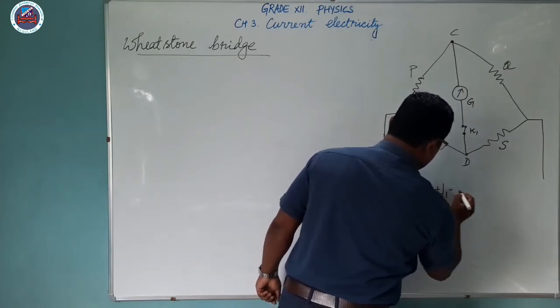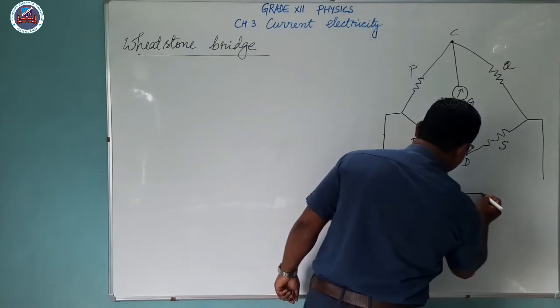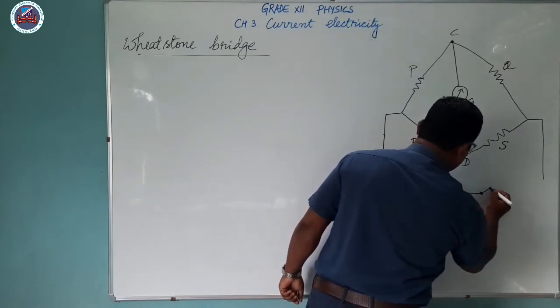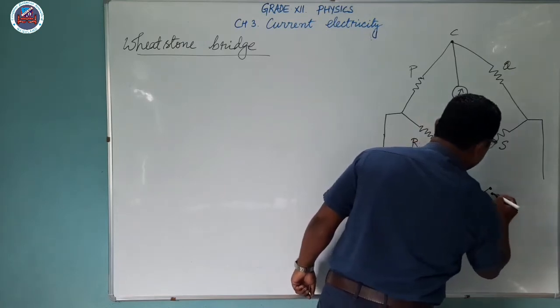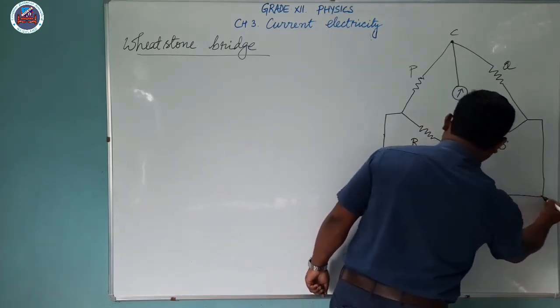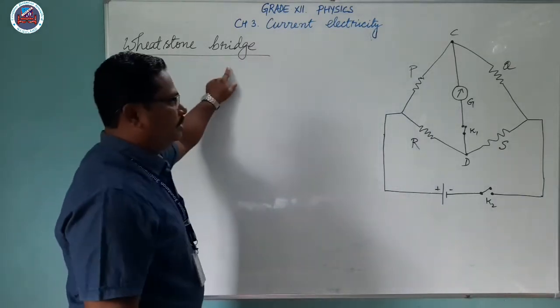The positive terminal is the longer one, the shorter one is negative. Then another key we can take here, let us say key K2. This arrangement, we call it as Wheatstone bridge.